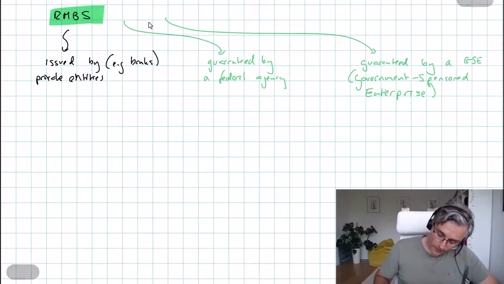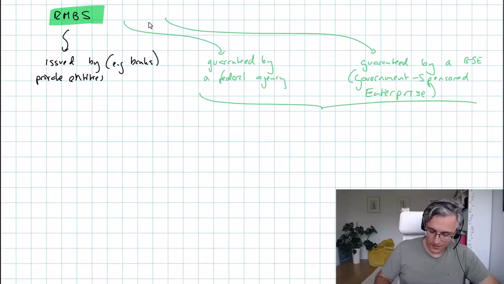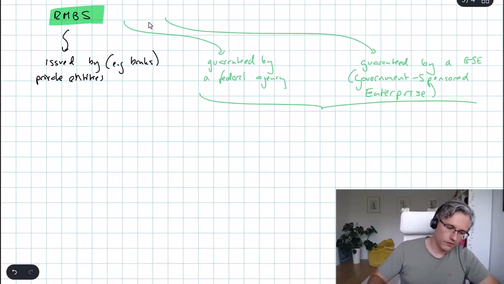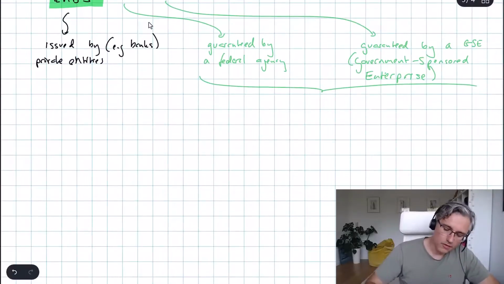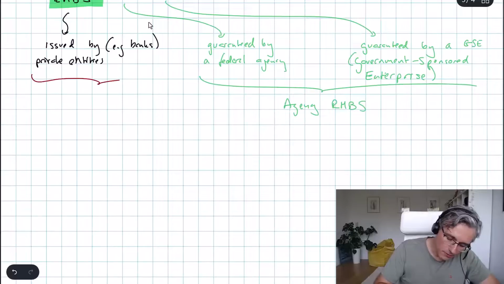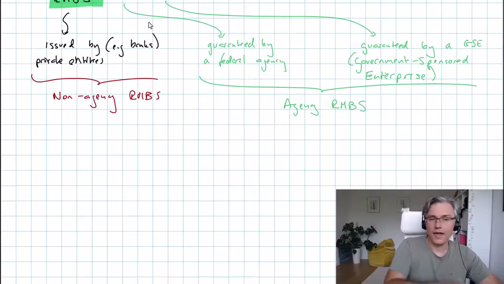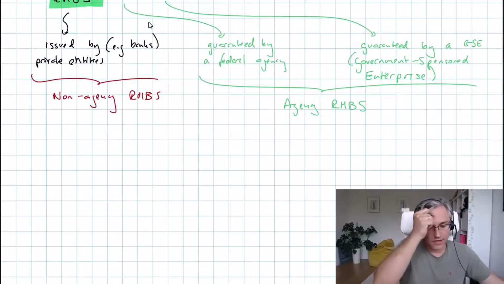Now, these two types, which are very specific to the United States and a couple of other countries, are what we call agency residential mortgage-backed securities. So the distinction realistically is between non-agency RMBSs and agency residential mortgage-backed securities.